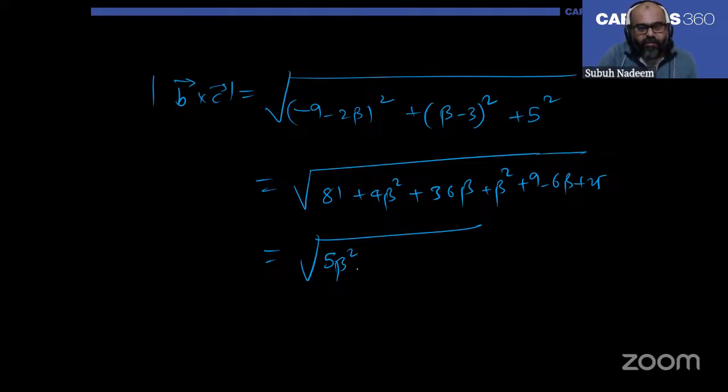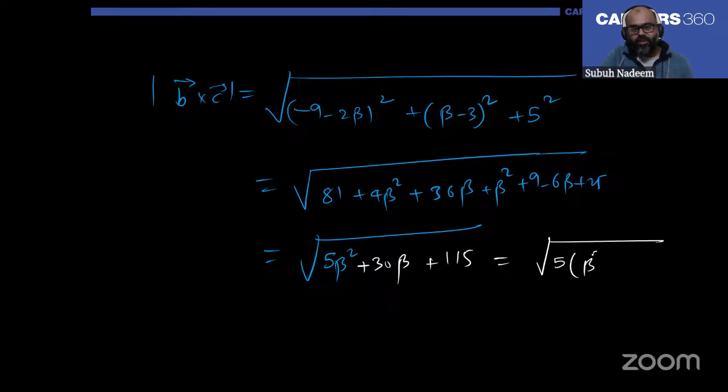So this will become 5 beta square. 36 beta minus 6 beta is 30 beta. And then 81 plus 9 is 90, 90 plus 25 is 115. So we can take 5 common.